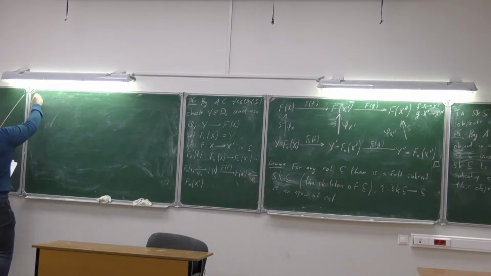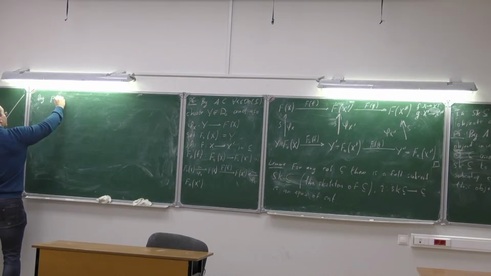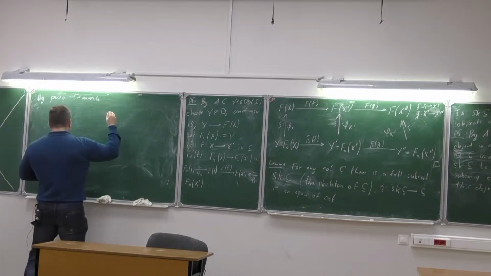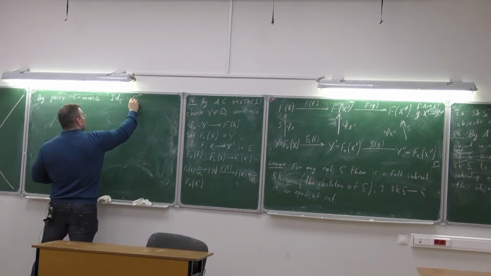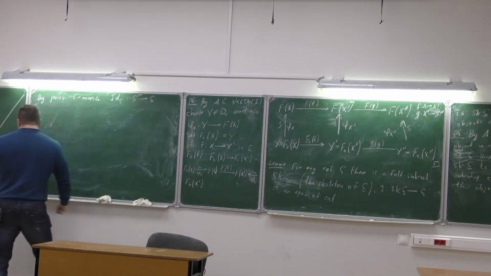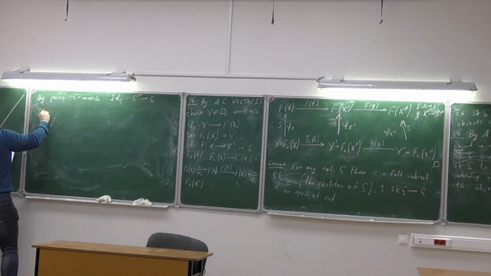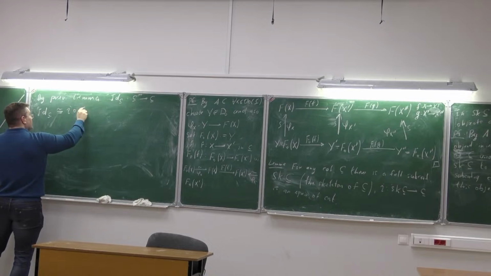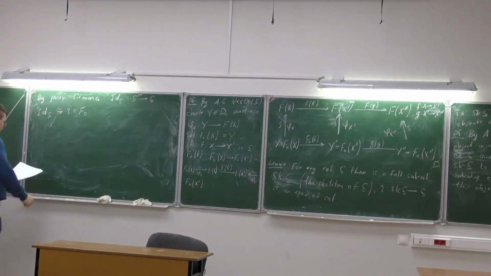Okay, so we can use the previous lemma to conclude that the identity functor on the category C, right? We can write this identity functor as the composition of two functors, the embedding I composed with the functor F naught.